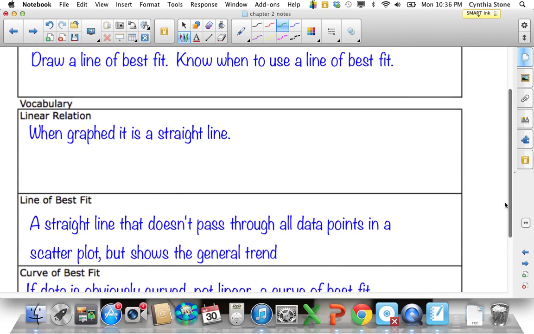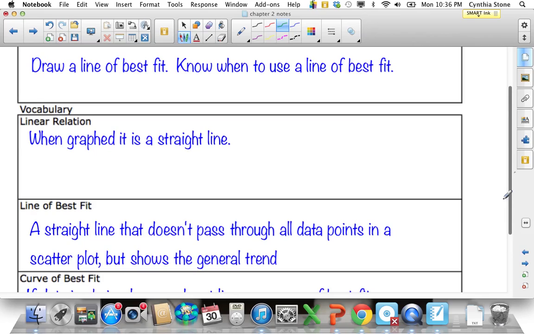So, first of all, the term linear relationship, what does that mean? It means that if you took some data and you graphed it, you would get a straight line, or approximately a straight line, and that's the idea of a line of best fit. Remember, you have an x-axis, which is horizontal, a y-axis, which is vertical, and you have a bunch of data, and if you graph it, you get a straight line.